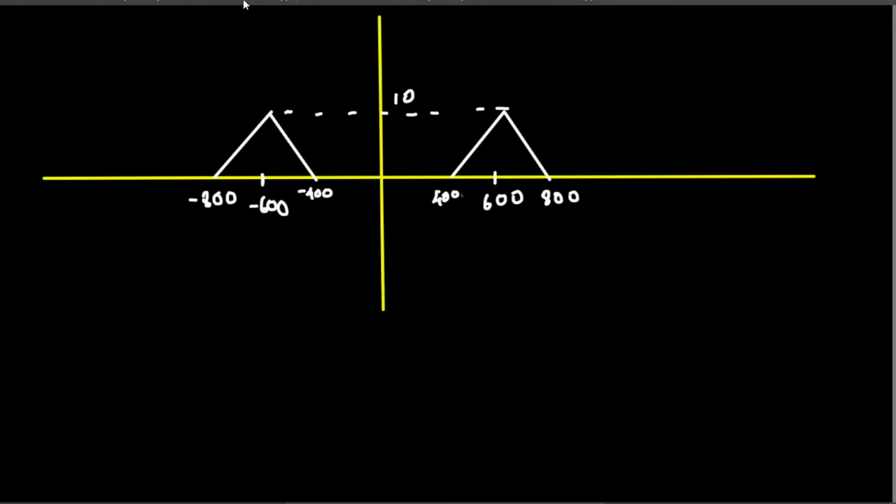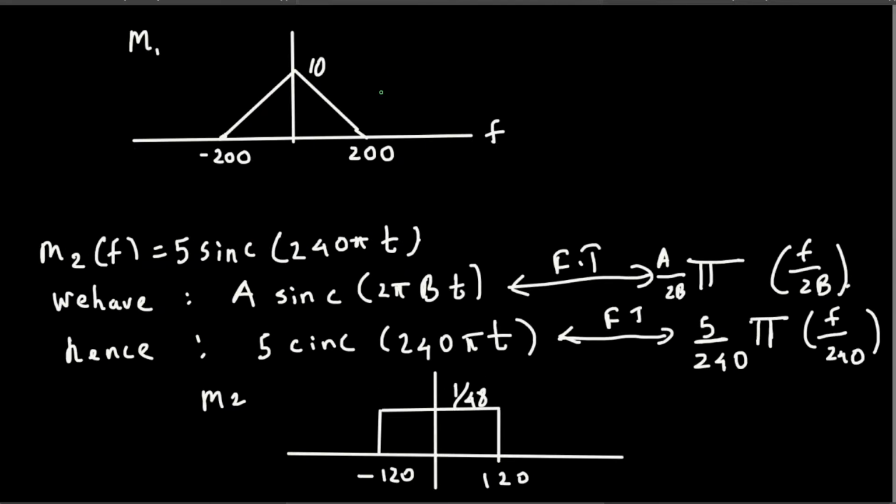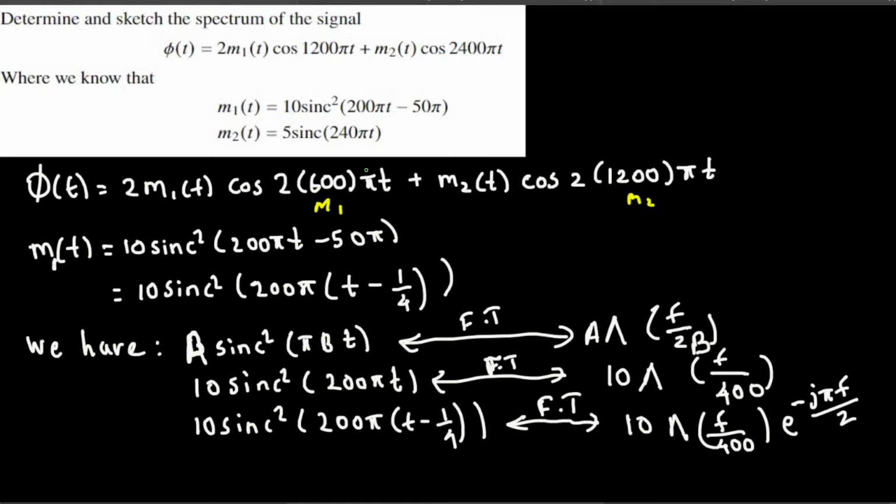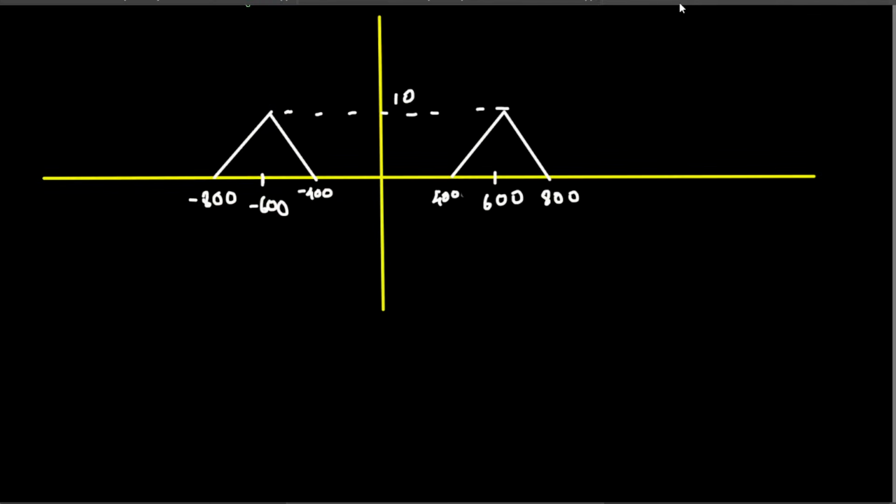And then we have m2 as well. This one we derived is at the center of 1200, so it has positive and negative sides, negative 1200 and positive 1200.